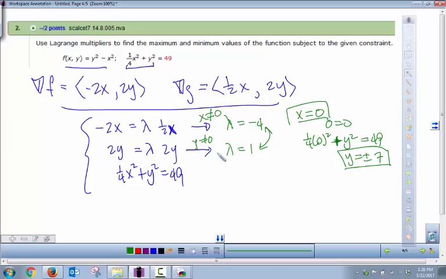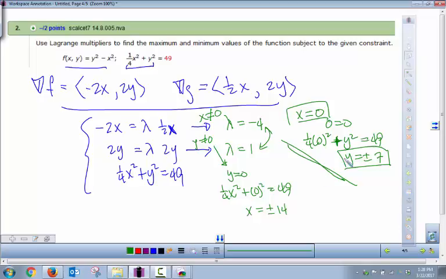And so the other choice is, what if y was equal to 0? Again, the first equation doesn't have any y's in it, so it's not going to matter. So we got 1/4 x squared plus y squared equals 49. So 49 times 4, I don't know what that is. But x will equal plus and minus, I'll go 14.